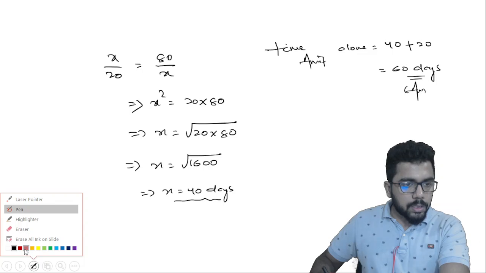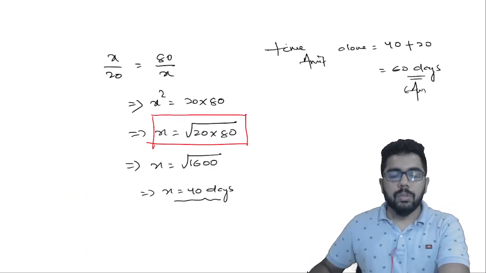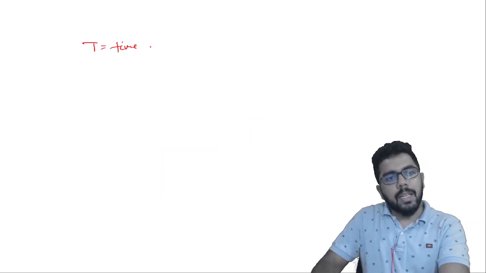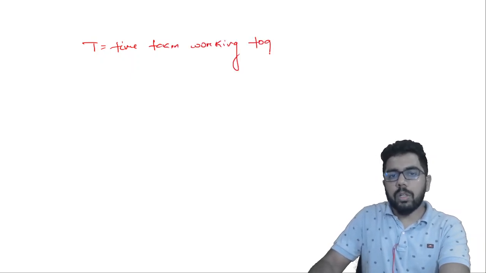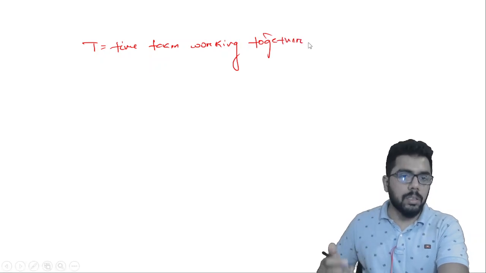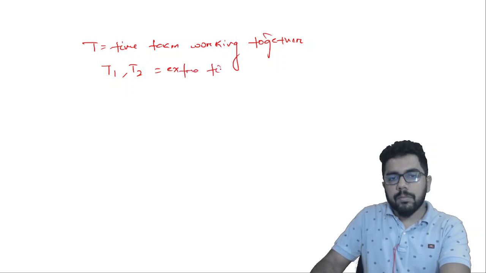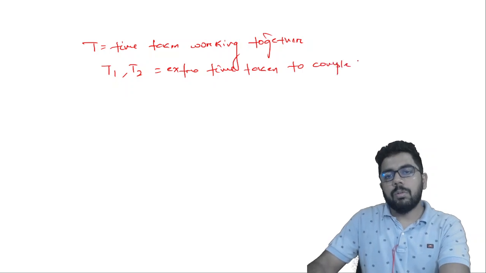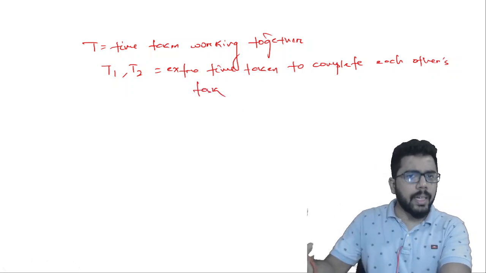But this gives us a very important conclusion. If I want to generalize this, let us say t is the time taken working together, and t1 and t2 are the extra time taken to complete each other's task, which were 20 days and 80 days in this question.